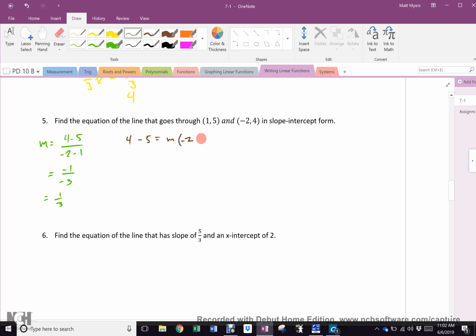Negative 2 minus 1, because I got to keep the order the same, right? Could I have done that? I would have gotten the same thing, yes? Okay. Now I know my slope. So what do I want to do? Do I stick with point slope form? If I stick with point slope form, how many different versions of this equation can I write right now?